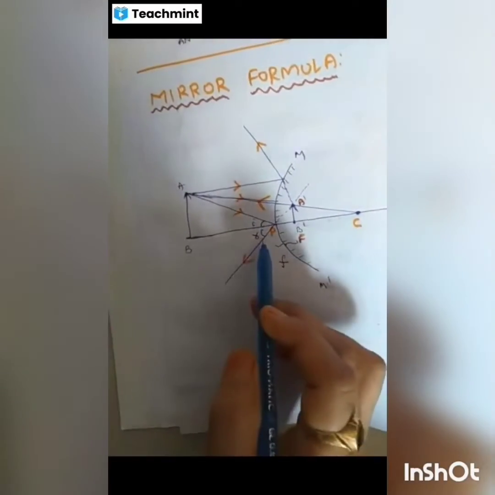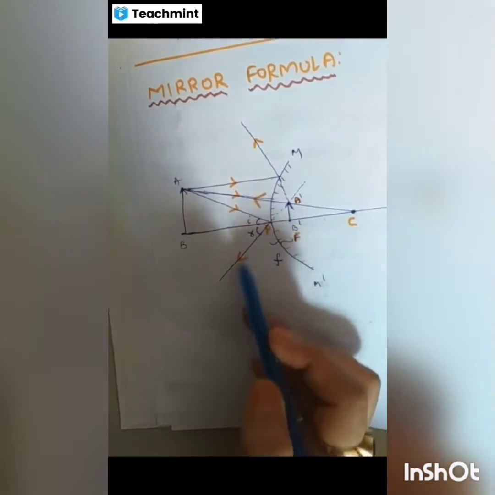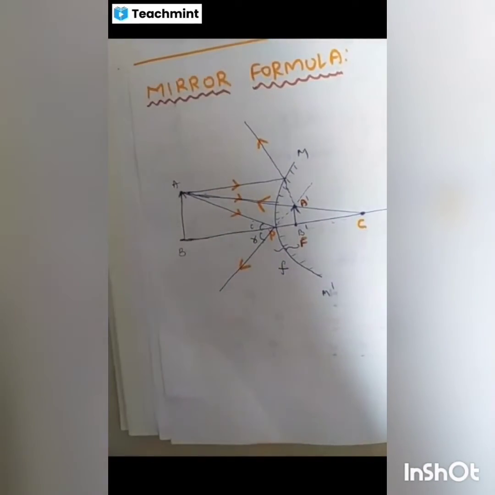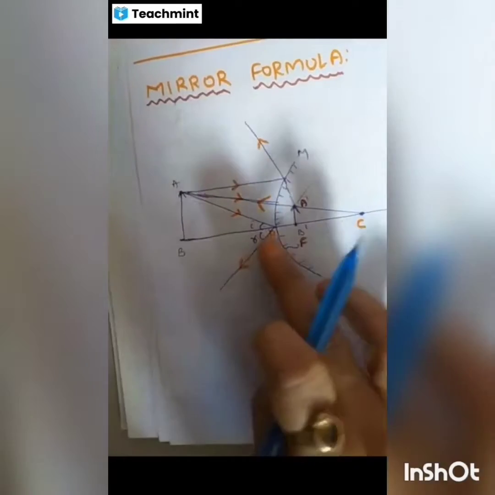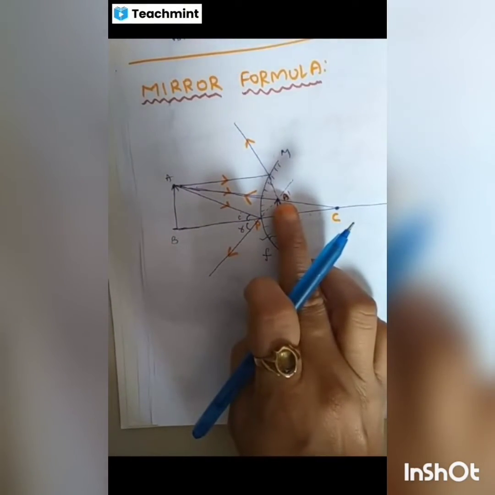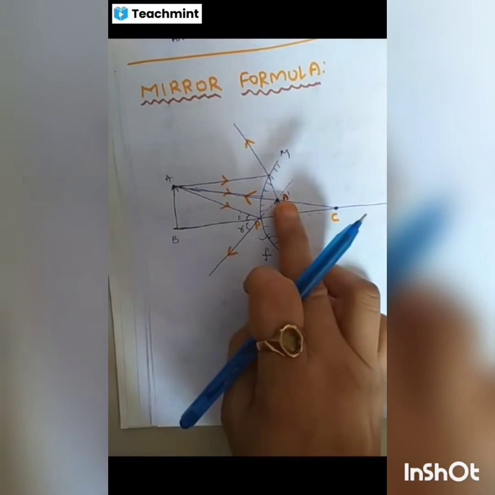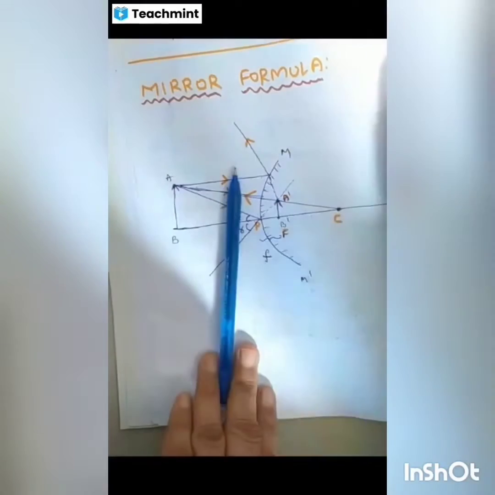As well AP, which obeys all the laws of reflection. So we can write here I is equal to R, and if we extend all the rays, they converge at a point, there we get the image which is focus and which is nothing but A dash B dash, the virtual image we can say.